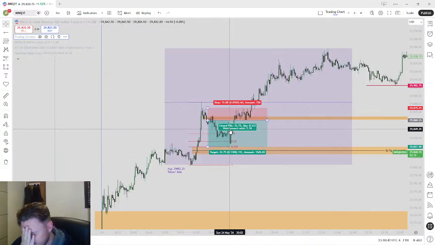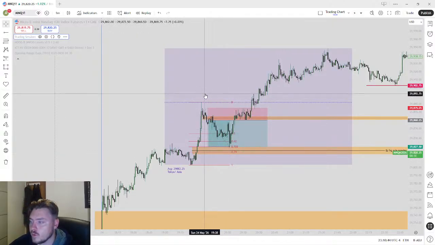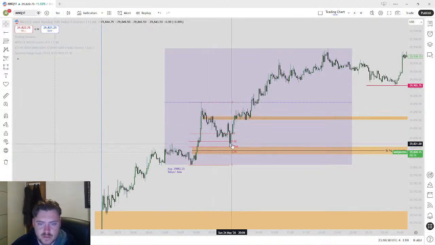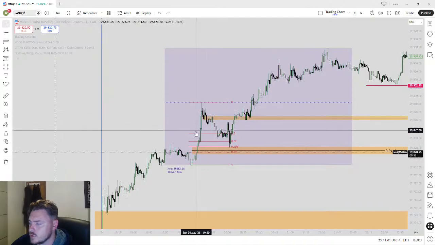That's low hanging fruit, what we're on about. Then if you know your bias more, you're looking to trade that optimal trade entry, but buy. So you're in discount relative to the dealing range, and you can target the high.